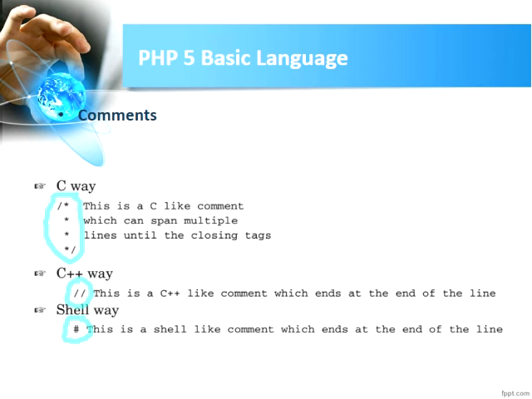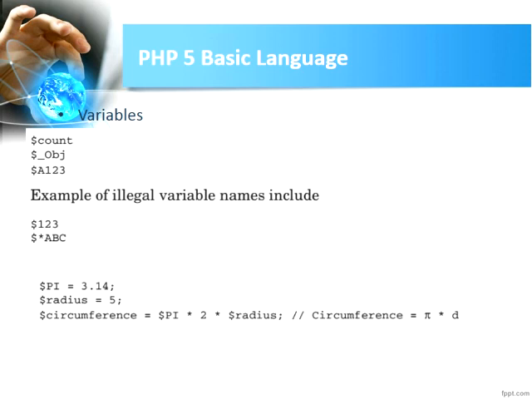Yes, good. We use dollar to create a variable in PHP. So count underscore obj and A123 are variables in PHP. But we cannot begin our variable with a number or star.